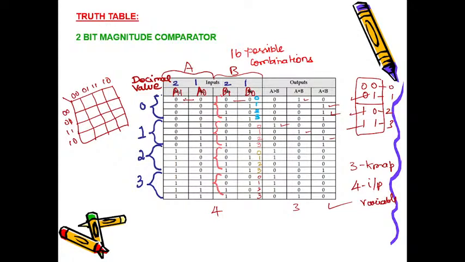However you have plotted the table, some people will plot this as A0 and some will plot this as A1. Here we have taken it as A1, A0, B1, B0. As such, you just plot it here.